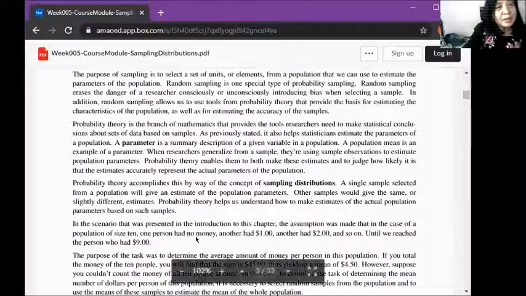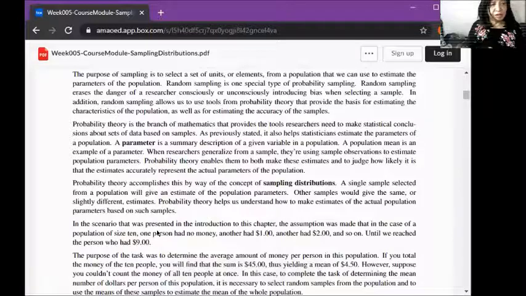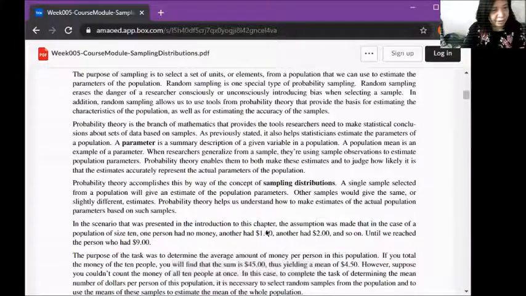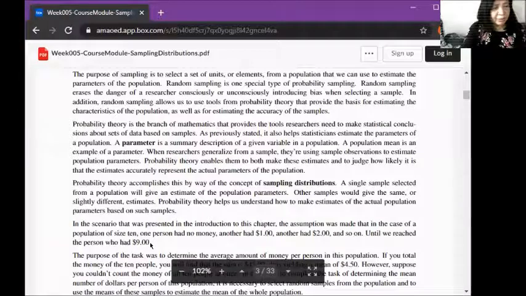The assumption was made that in the case of a population of size 10, there are 10 persons being considered here. One person had no money, another had $1, another had $2, another had $3, and so forth until we reach the person who had $9.